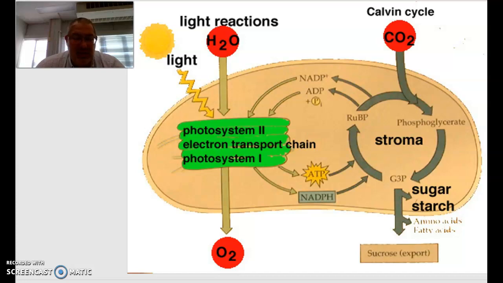ATP and NADPH are formed in the stroma and are used in the Calvin cycle, or the light-independent reactions, where carbon dioxide enters the cycle, and with 6 turns of that cycle, a glucose molecule can be produced.